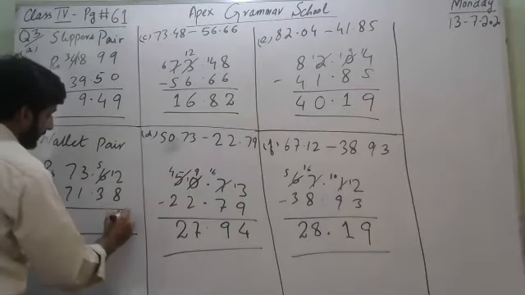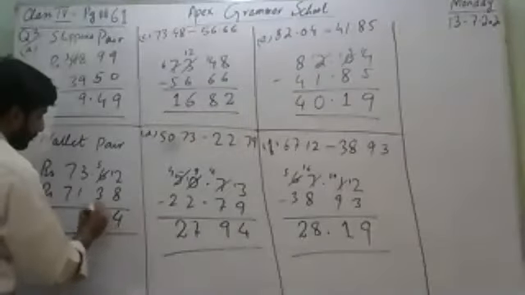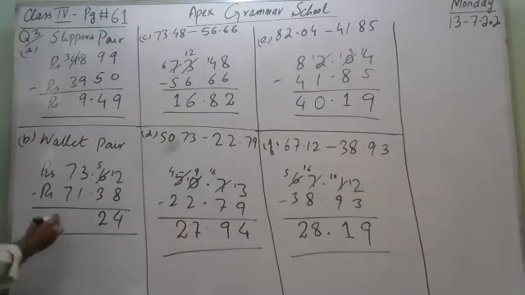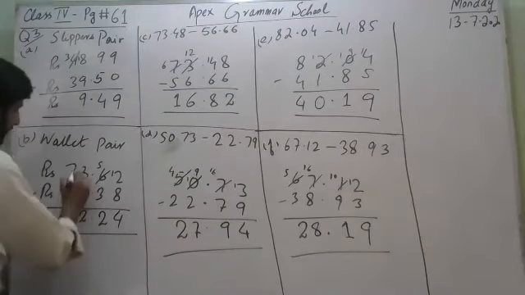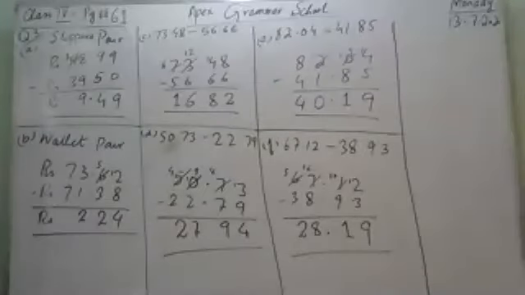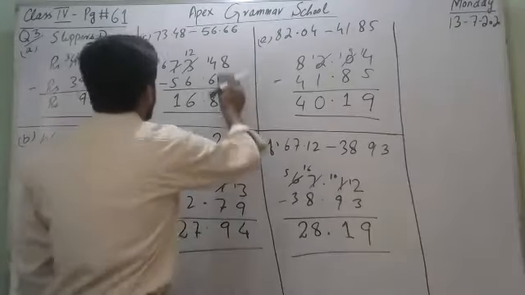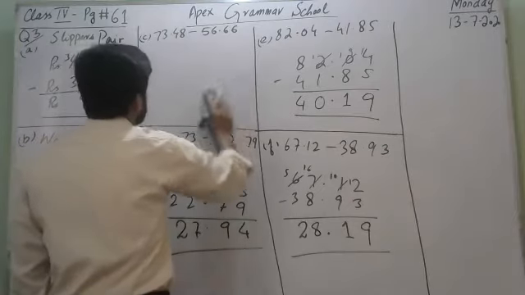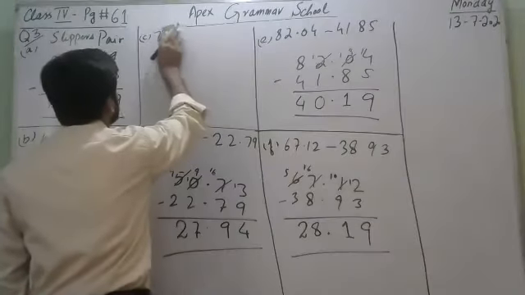Twelve minus 8, this is 4. 5 minus 3, this is 2. Decimal as it is, 3 minus 1, this is 2. 7 minus 7, 0. Rupees 2.24 is the difference between two wallets price.